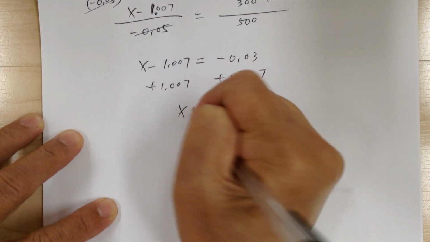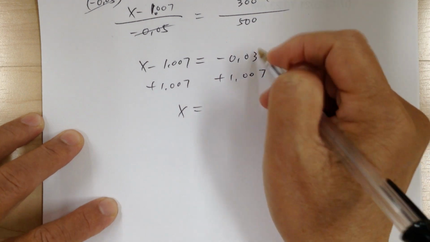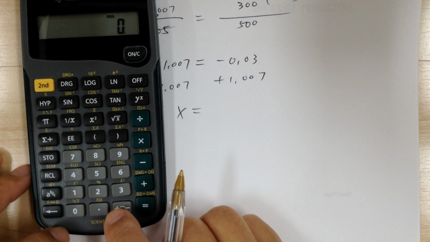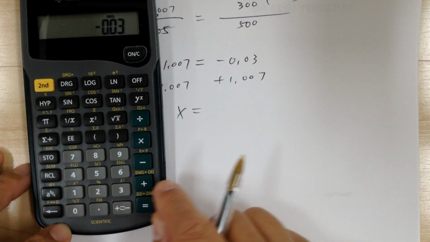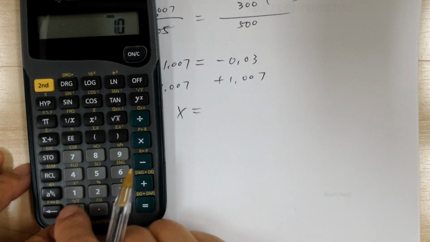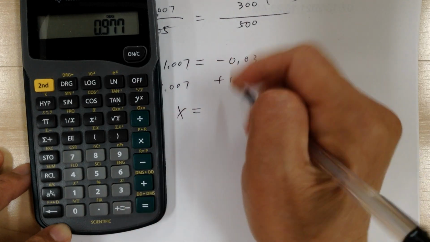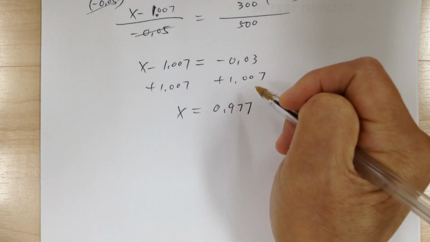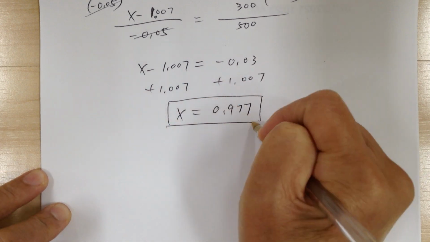So you get x equals, use your calculator, negative 0.03 plus 1.007 equals 0.977. And that's it.